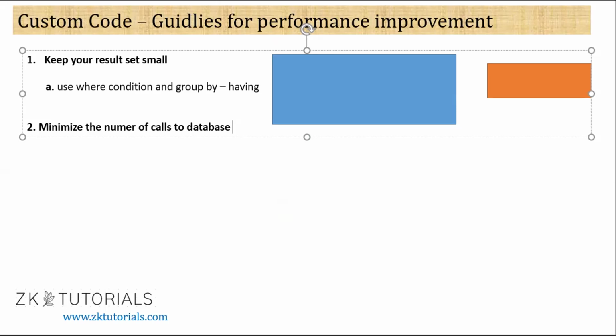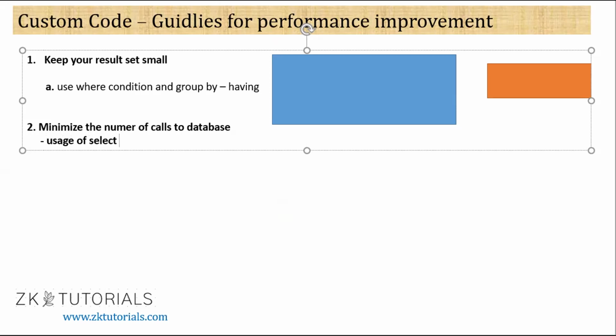Next is the usage of select within select. Some people use a select statement in a looping statement. So it's a loop which is selecting data again and again from the database, hitting your DB again and again.